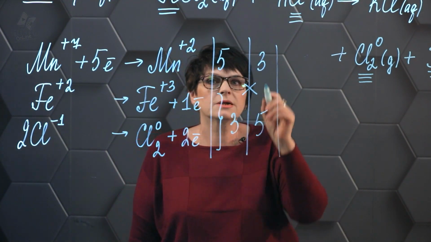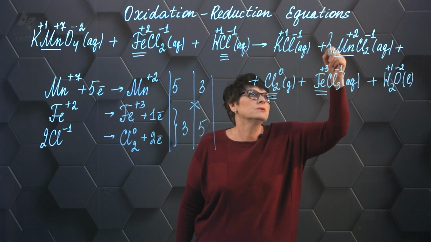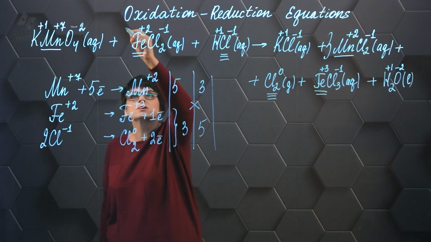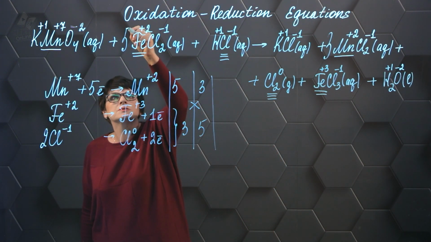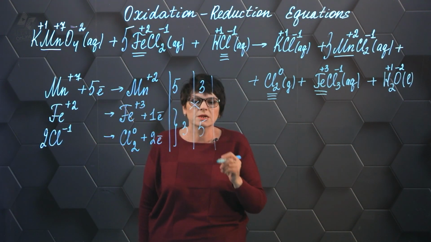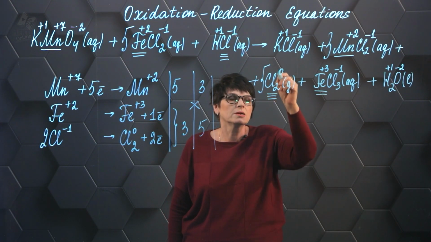Let's put 3 for manganese, which has the lowest oxidation state, and 5 in front of ferrous chloride (FeCl2), where iron has the lowest oxidation state, and we'll put 5 in front of Cl2 since it's a simple substance.